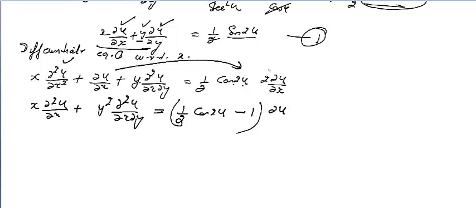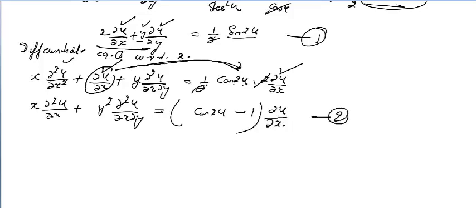One more thing: this 2 will be cancelled out, so it will not come here. So cos 2u minus 1, because this is the term of ∂u/∂x, and this term will be shifted and become negative. You can keep this as equation number 2.